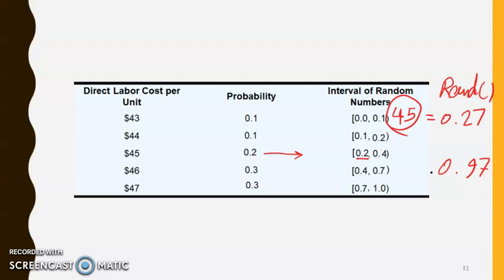We ran this simulation model 2 times. For the first year, we got 45, and for the second year, we got 47. These are the main points discussed here, and now you are good to do a simulation model regarding the cases you are given.